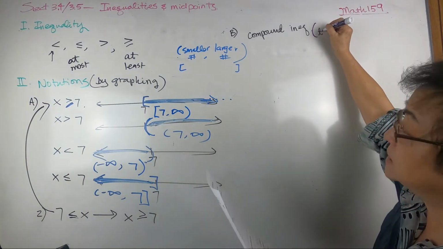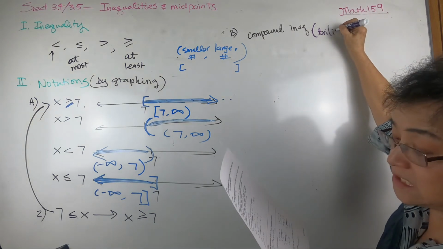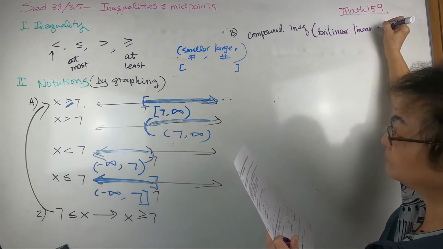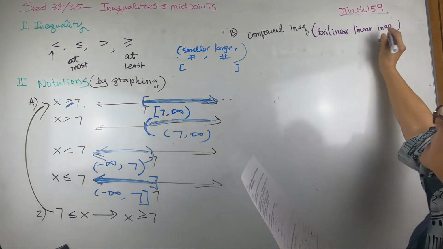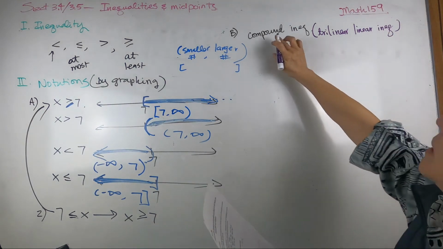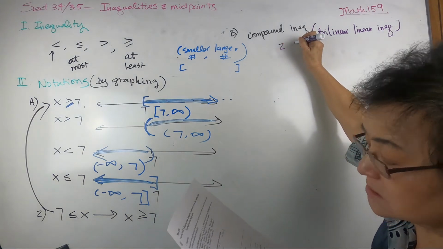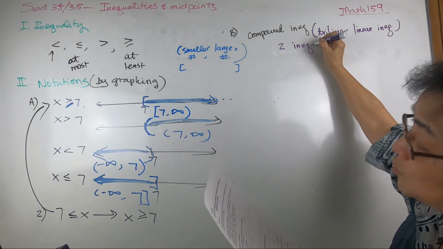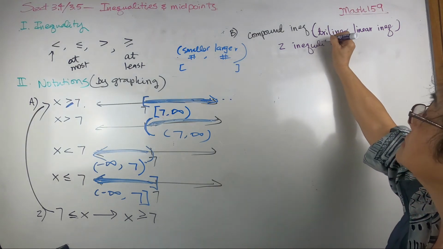On your homework, you may also see it called a trilinear inequality. Tri means three. A compound inequality means you have two inequality symbols.